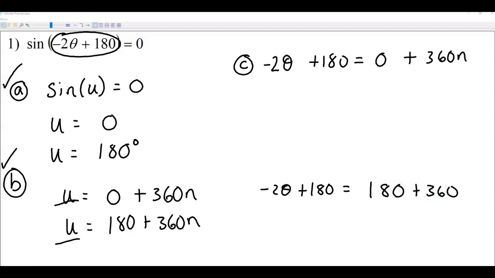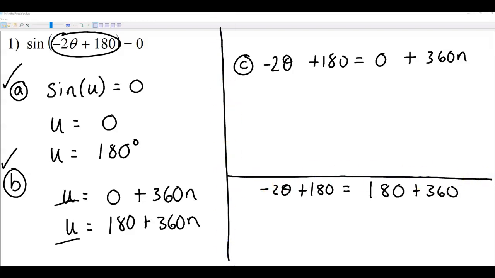Now what I'm going to do is I'm going to solve both of these equations here. Okay, so for the first one up there on the top, I want to get the theta by itself. So what would I have to do to get theta by itself? The first thing I would have to do is minus the 180 here to the other side.